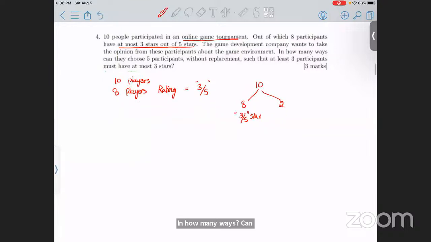Look, choosing 5 participants without replacement. This is the key.